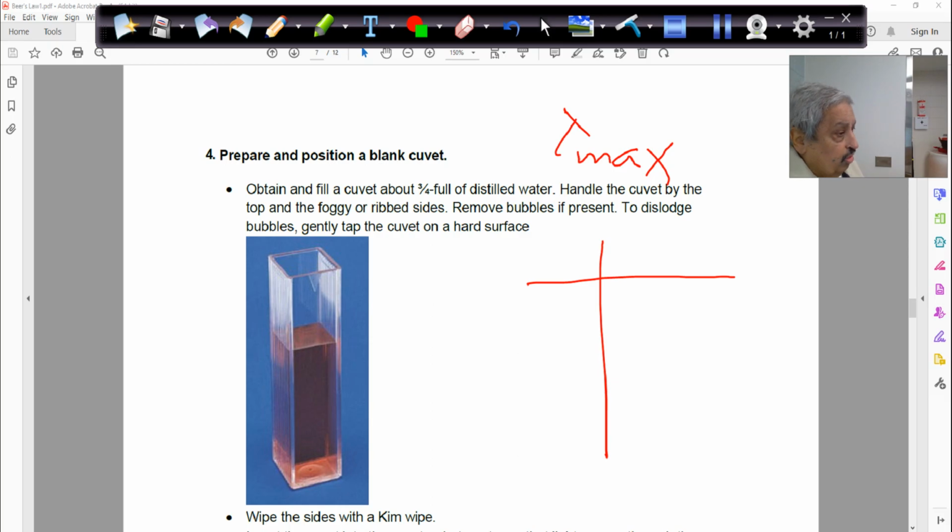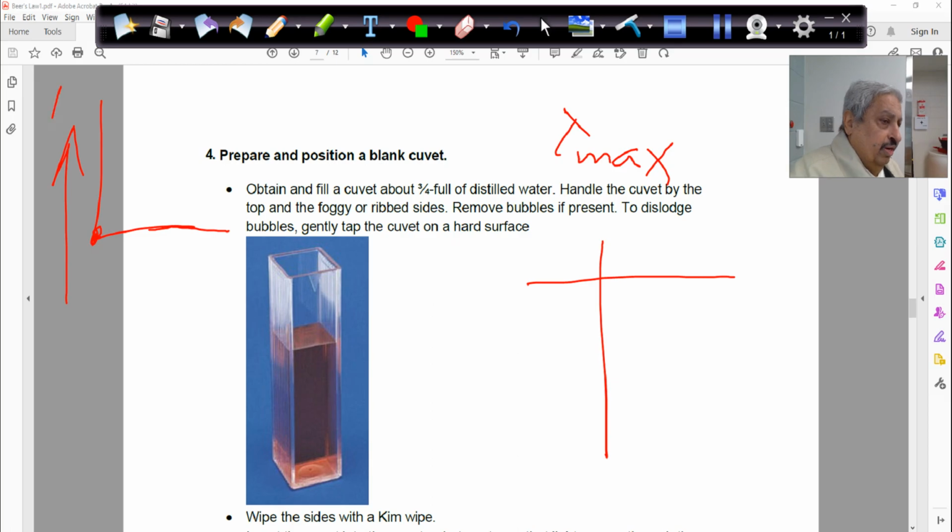What's the maximum optimum one? Calibration is telling the software, this is my starting point, where my 0 is. Remember the whole thing here, starting where? This is my 0. So the computer then starts measuring the absorbance, and here you have your concentration.